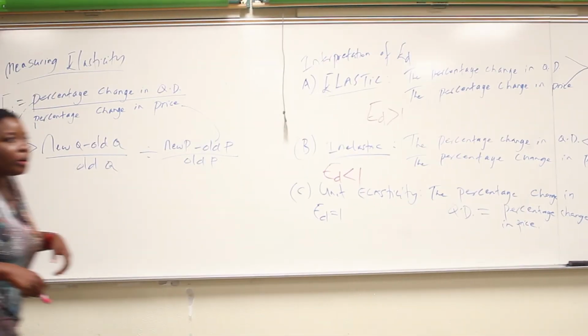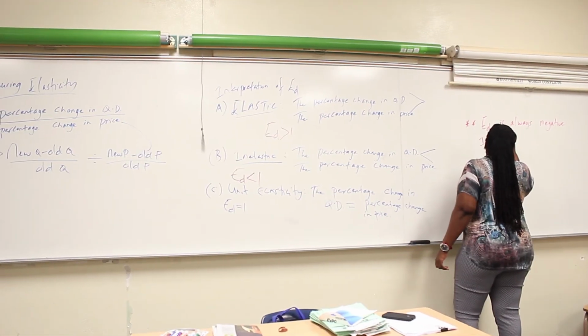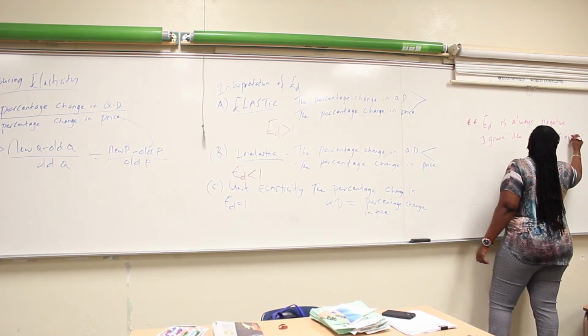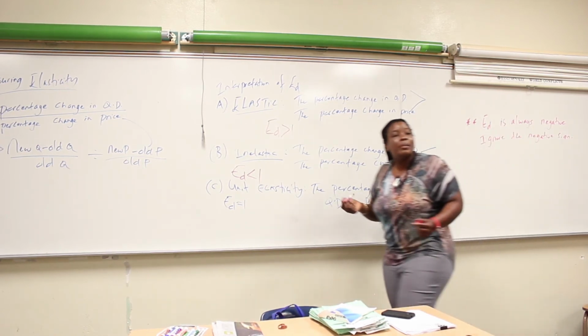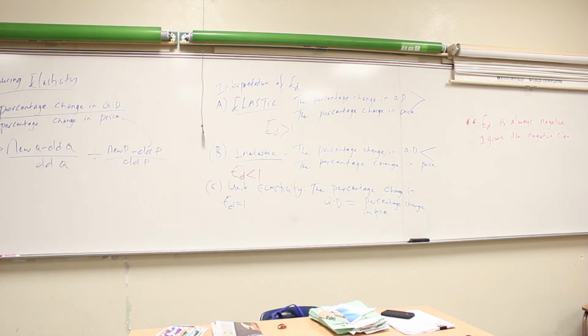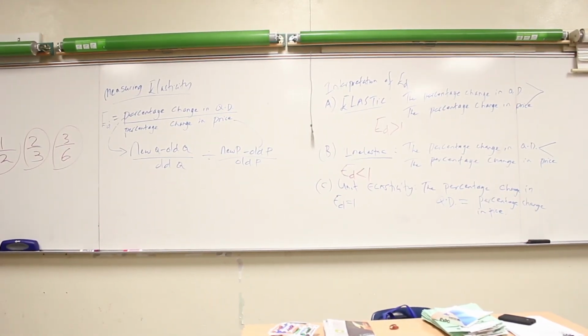In this class, we're going to choose to ignore the negative sign. We don't have to write it. The law of demand tells us it will always be negative, so we will choose to just ignore it. Okay?